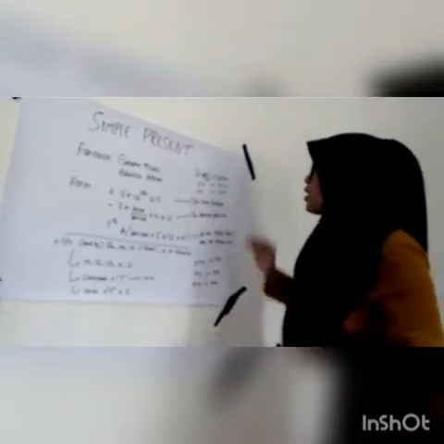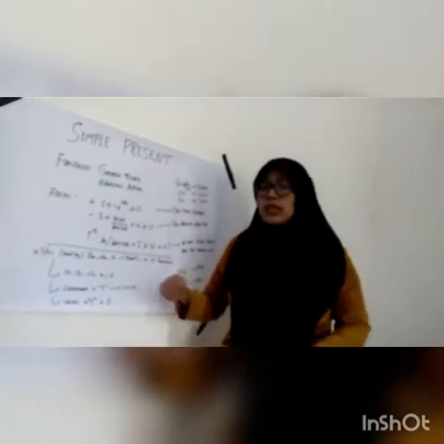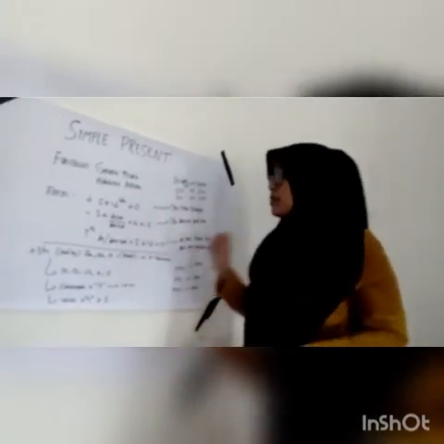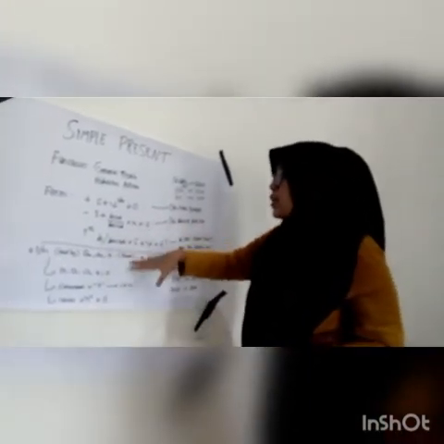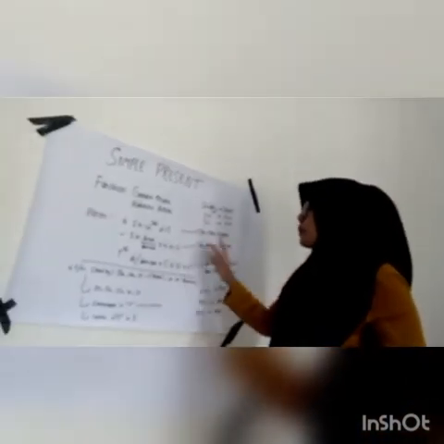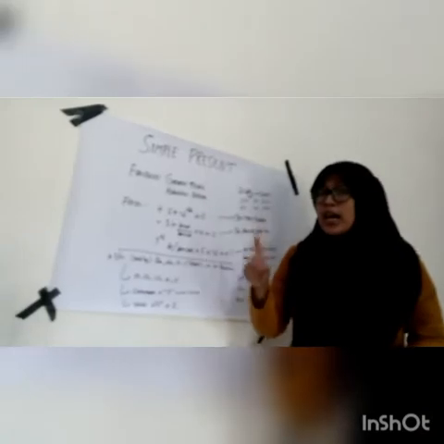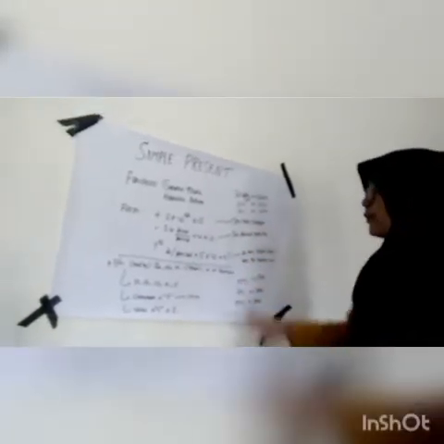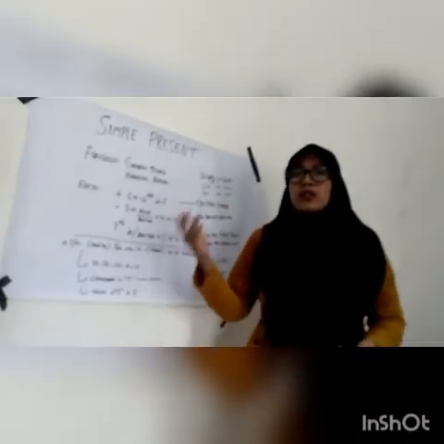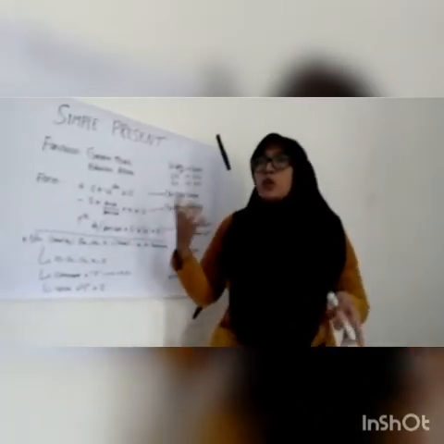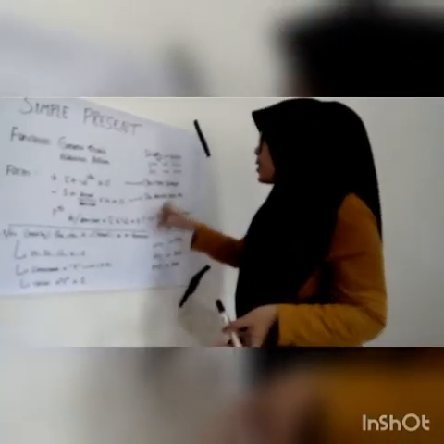Don't forget about it, okay? Interrogative sentence: do or does plus subject plus verb 1 plus object. Subject is something like I, you, we, they, she, he, it. Verb 1 like listen, reply, read, write, something like that, plus object.